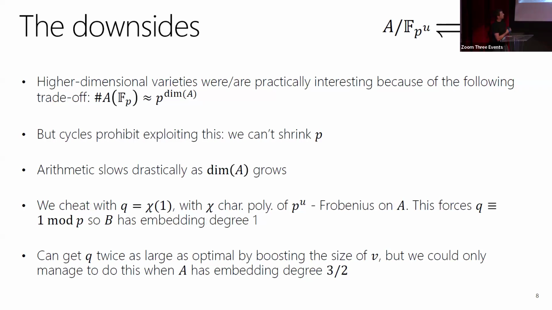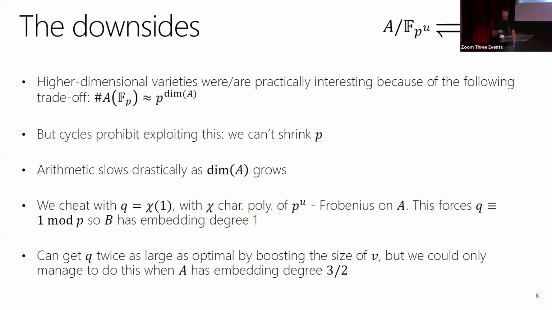So the number of points on the variety, the size of the group, grows exponentially in the dimension of the variety. What that allows us to do in classical ECC is to potentially exploit the trade-off of reducing the size of the prime P. So a high dimension means a smaller prime P, and maybe that gives a faster hyperelliptic curve crypto system.